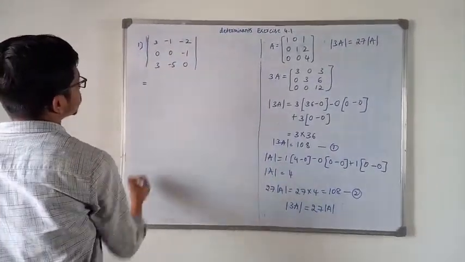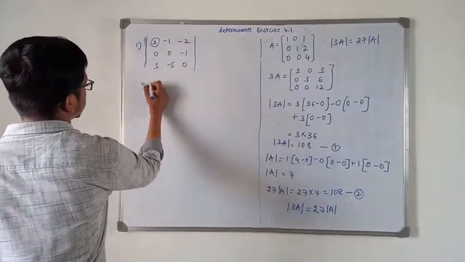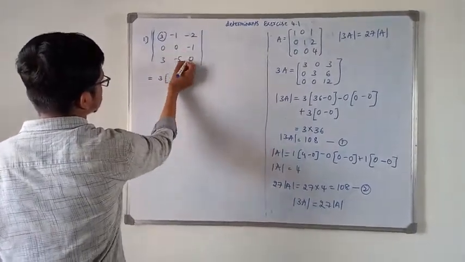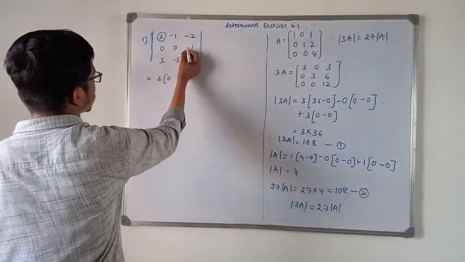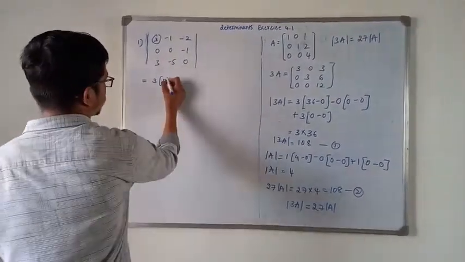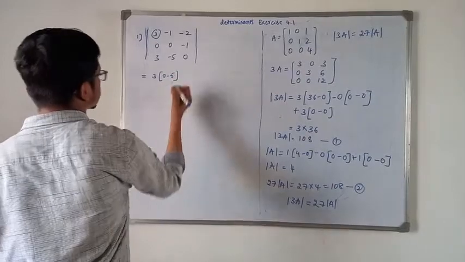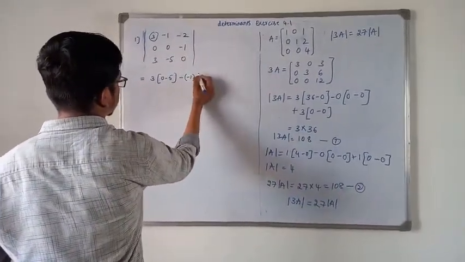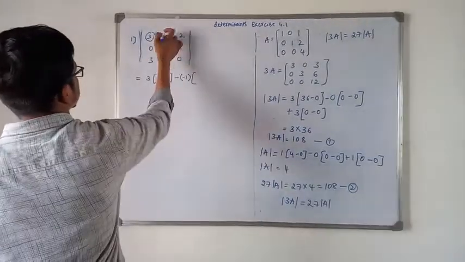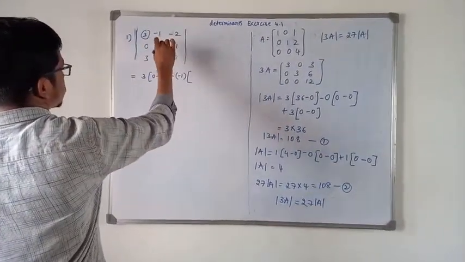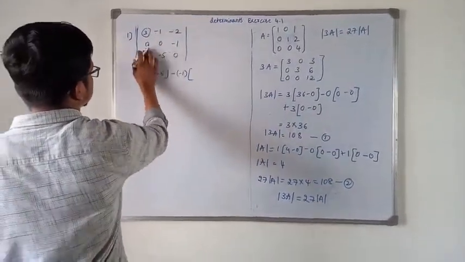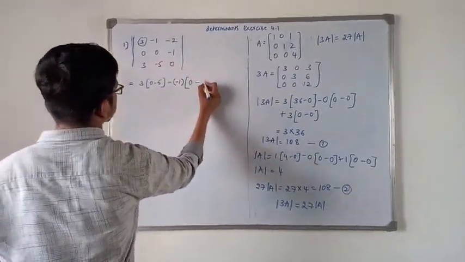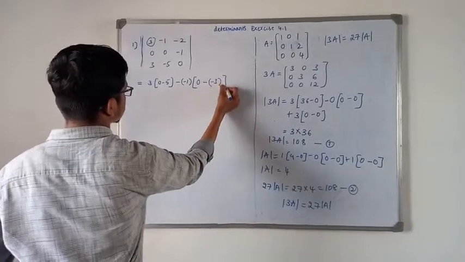this determinant is equal to first row first column element 3 into cross multiply, that is 0 into 0 is 0, minus 5 into minus 1 is plus 5, followed by minus sign. Next one is minus of minus 1 into, excluding first row and second column, the remaining value is 0 into 0 is 0, minus of 3 into minus 1 is minus 3.